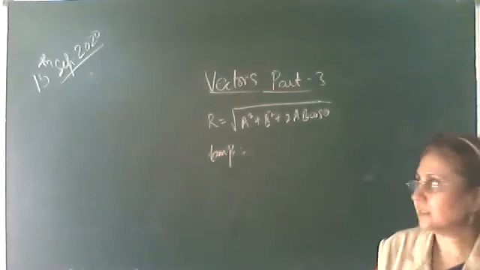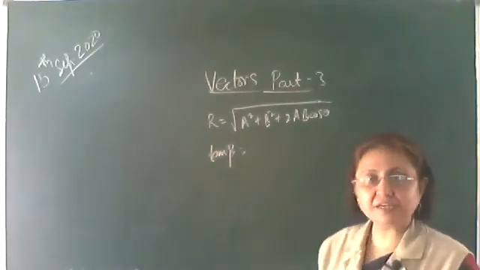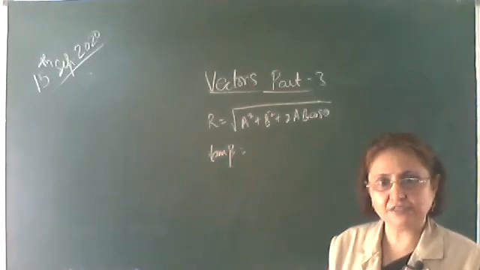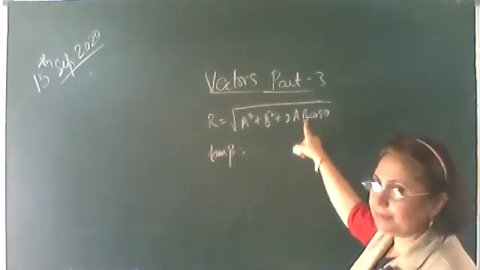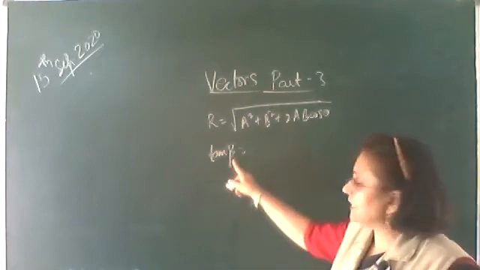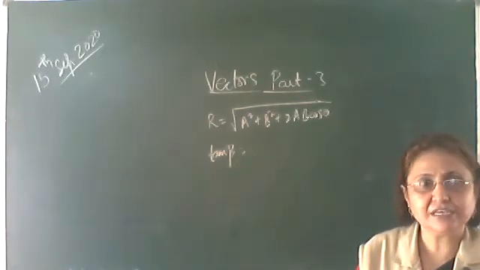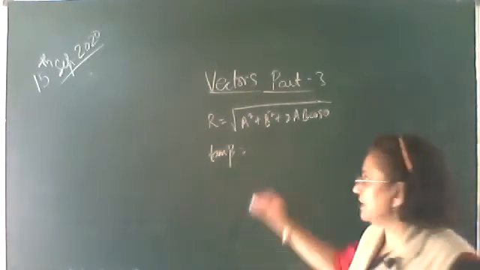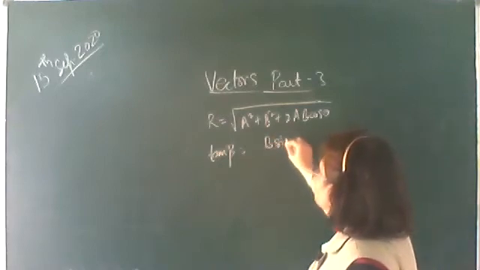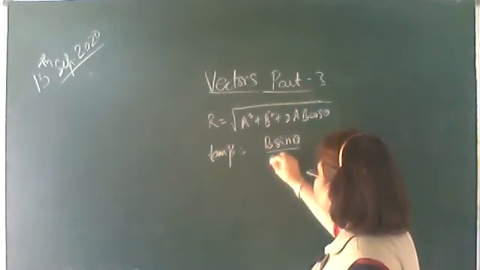Angle beta is the angle between the resultant vector and the first vector. Theta is the angle between A and B vectors. Beta is the angle which the resultant is making with the first vector, and tan beta is equal to B sin theta upon A plus B cos theta.